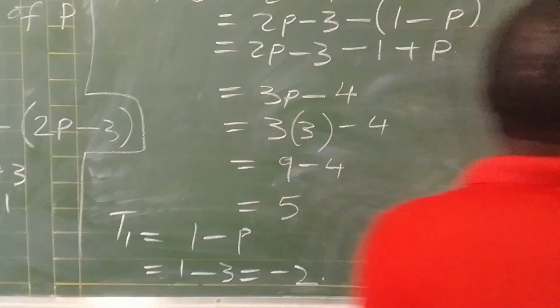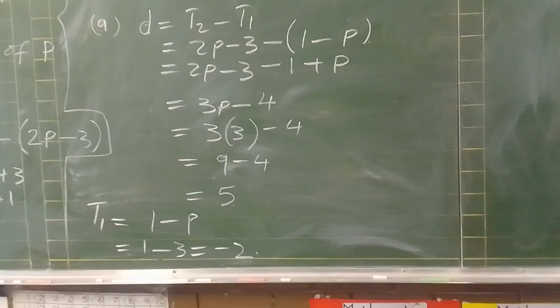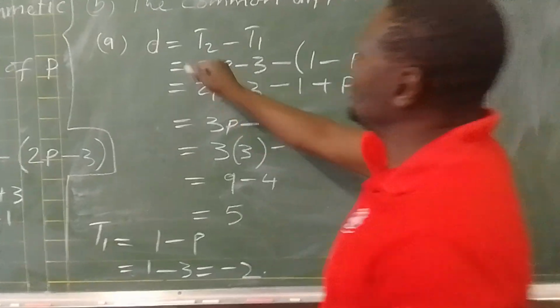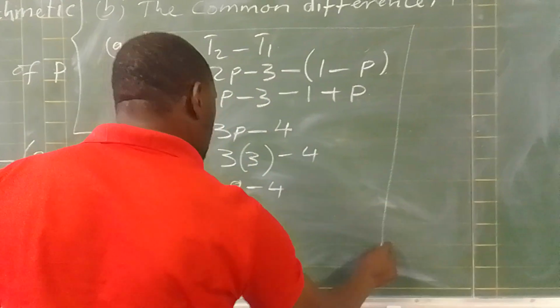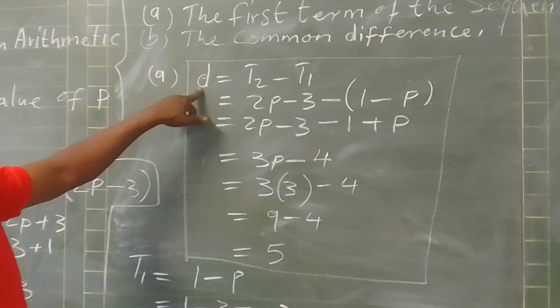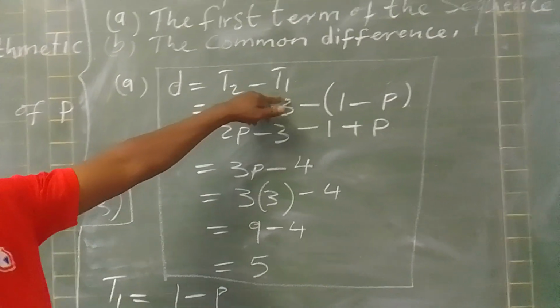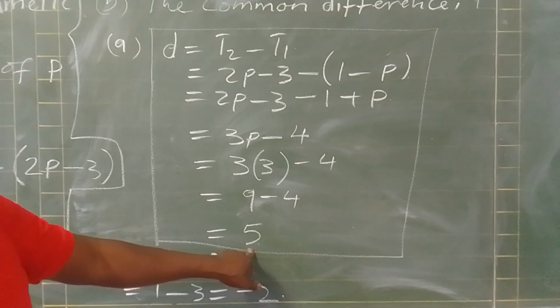Your B wanted us to find the common difference. The common difference we have already calculated here: D is equal to T2 minus T1, and you find your D to be 5.